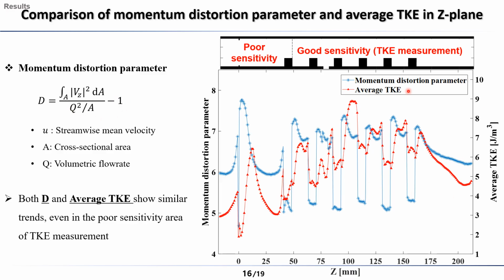So as you can see in this figure, similar trends can be observed between the momentum distortion parameter and the average TKE at the same locations due to their close relationship with the complexity of the flow and the turbulence. Even in the poor sensitivity area of TKE measurement, we can still see that the momentum distortion parameter and the average TKE maintain this relationship well.